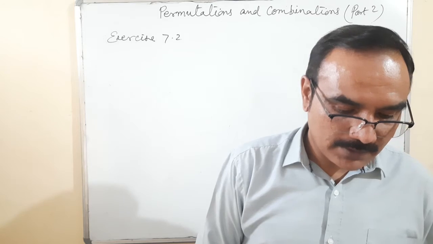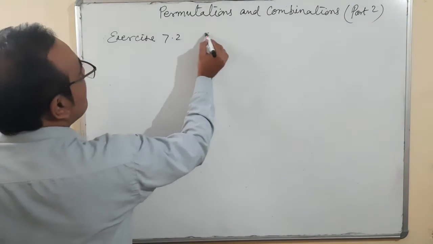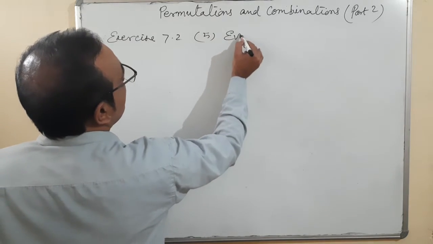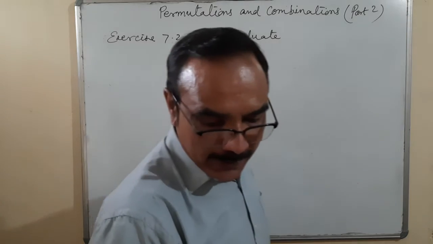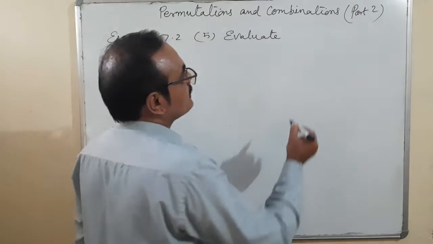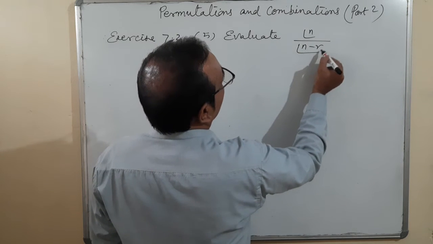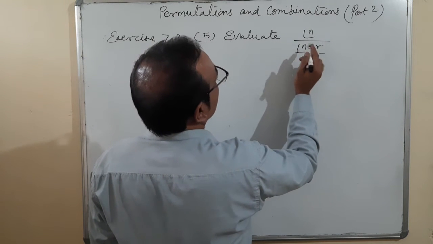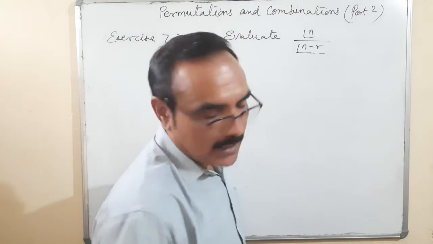Question number 5, evaluate factorial n upon factorial n minus r, where n is equal to 6, r is equal to 2.